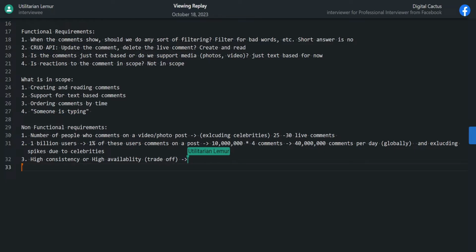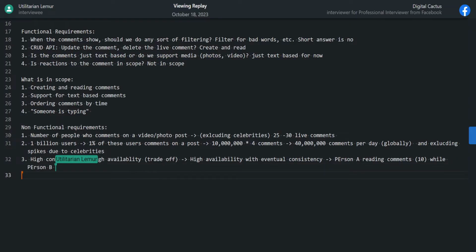Now, with a live comments feature, one of the things that we could definitely think about is having high availability with eventual consistency as the goal, mainly to ensure that when I'm reading a comment, person A would see 10, while person B would see 15, and eventually the information becomes consistent.